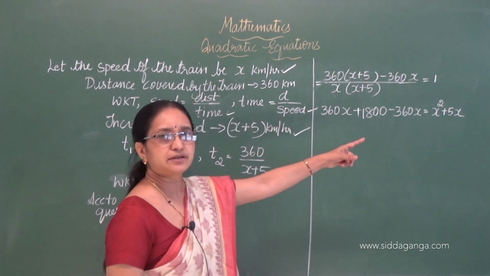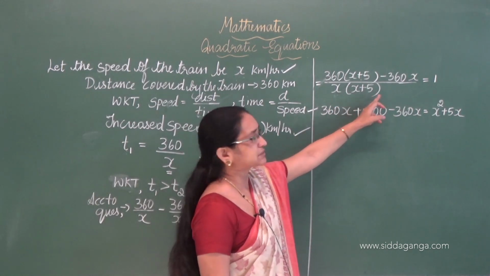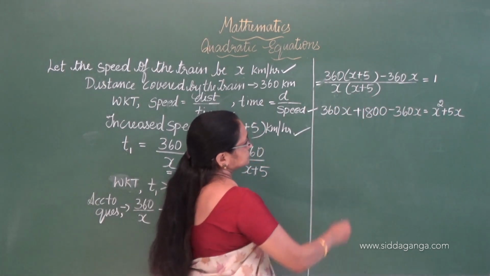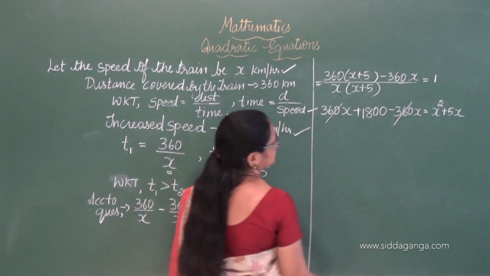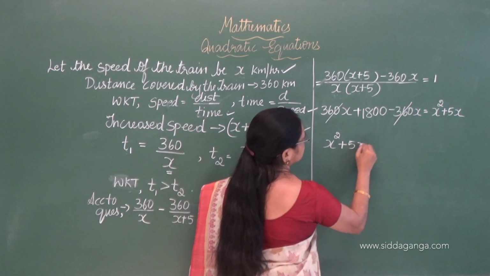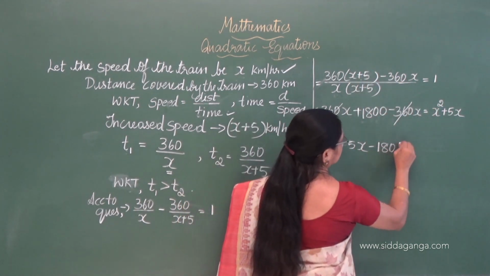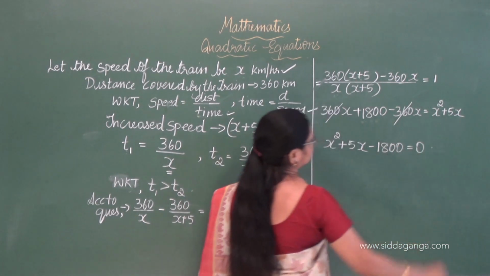You understood why x square: x into x is x square, 5 into x is 5x. Now 360 gets cancelled. Now what remains? x square plus 5x, I will transpose this, minus 1800 is equal to 0.